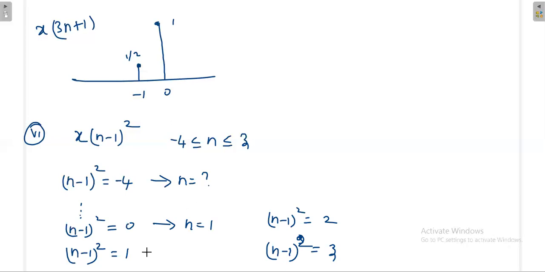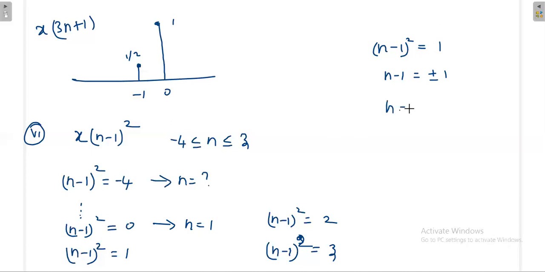Now, what will happen here? n minus 1 whole square is equal to 1. Here we have some ambiguity. When n minus 1 whole square is equal to 1, if you take the square root of 1, n minus 1 could be plus or minus 1.